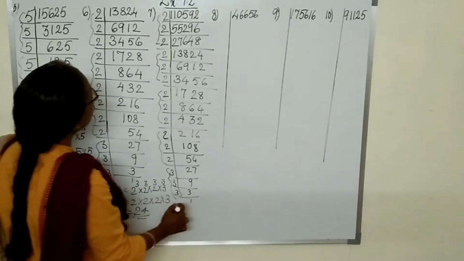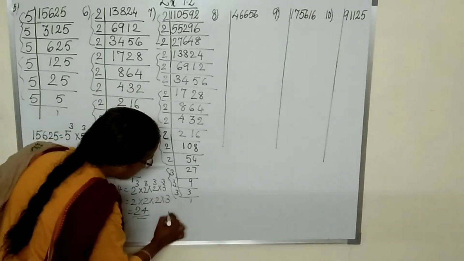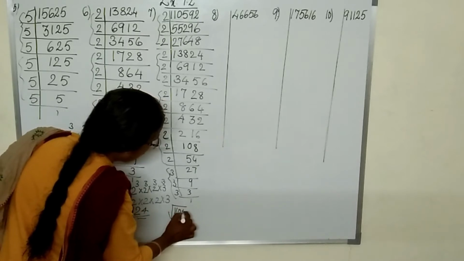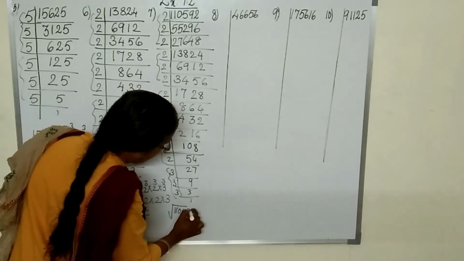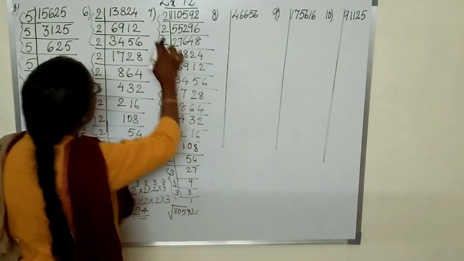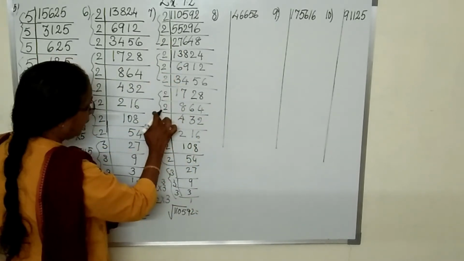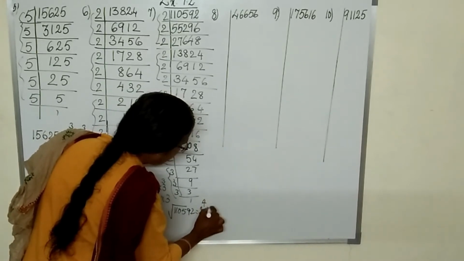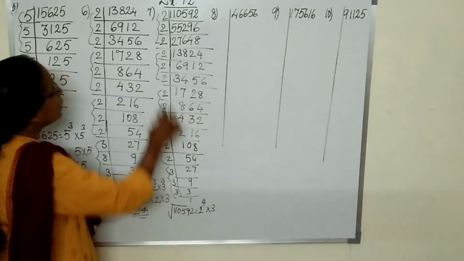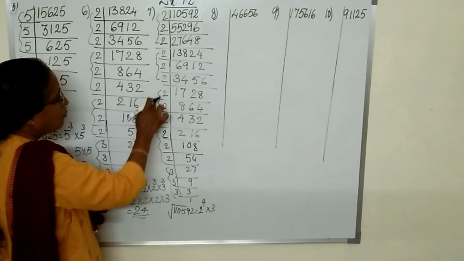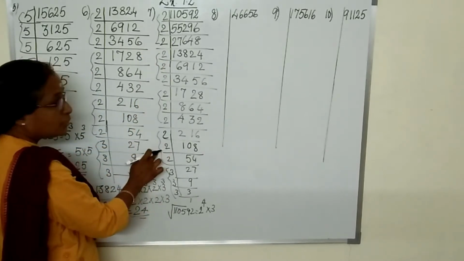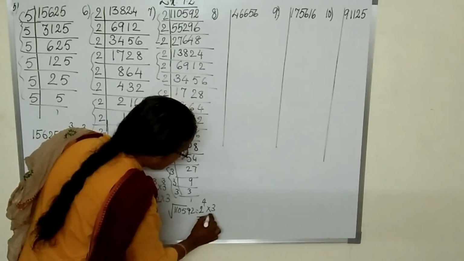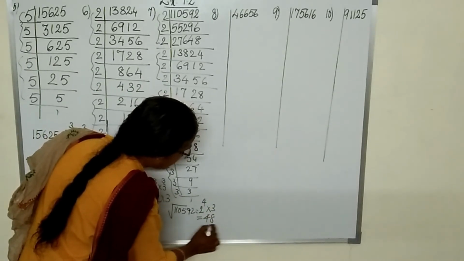So the cube root of this number will be, the number is 2 raised to 4 into 3 cubed. So what is 2 raised to 4? 2 2s are 4, 4 2s are 8, 8 2s are 16, 16 3s are 48.